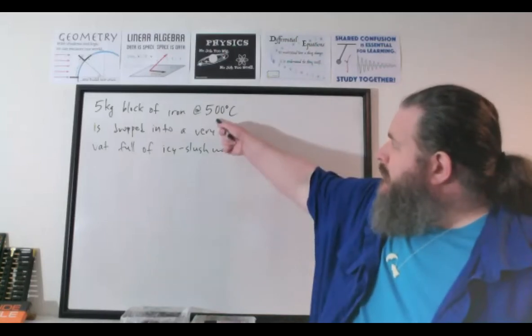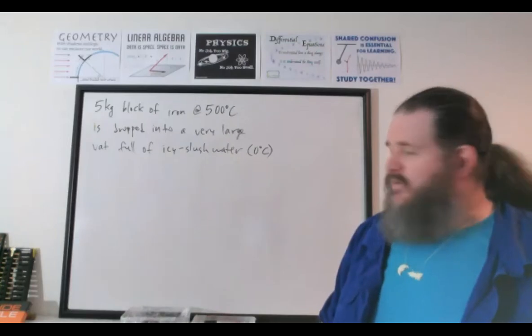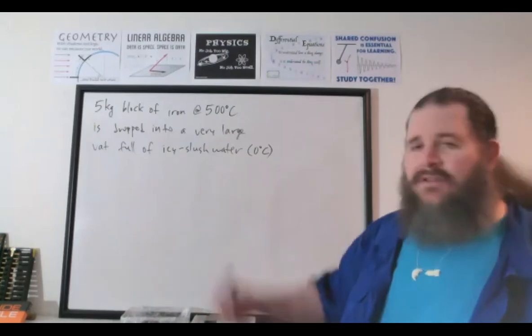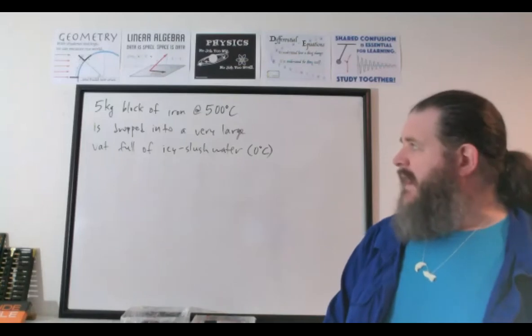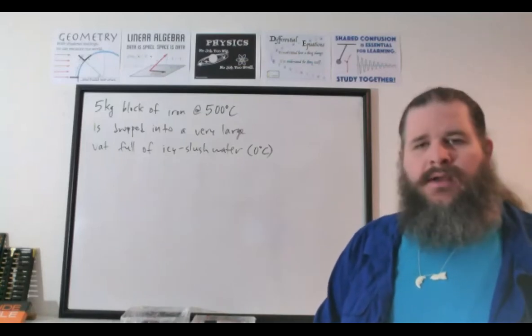So we take this very hot block of iron, drop it into this mixture of ice and slush, but we're assuming that it's a very large mixture of ice and slush, a very large vat of this snow.